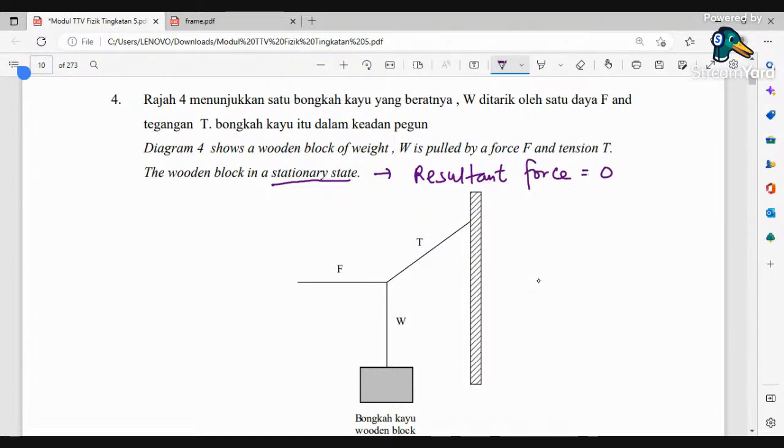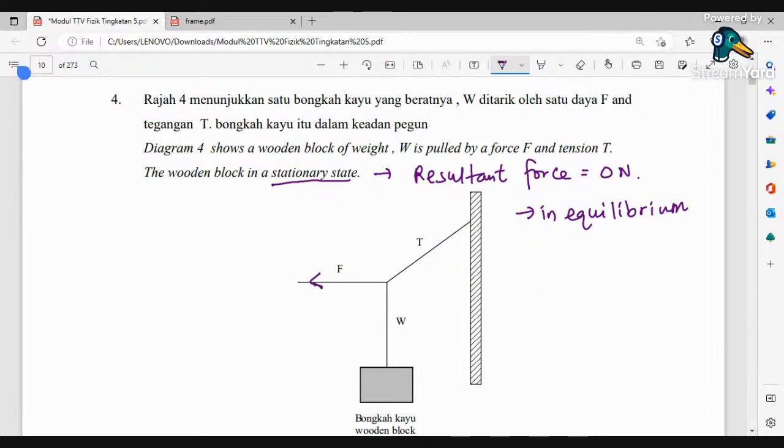Okay, when there is a resultant force acting on the object, it is not in equilibrium. Forces in a balance.